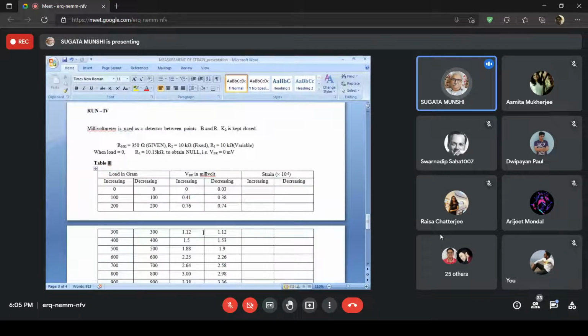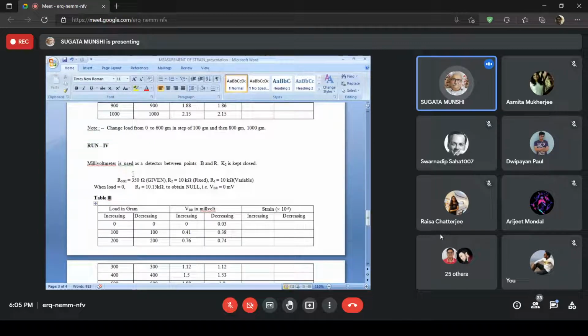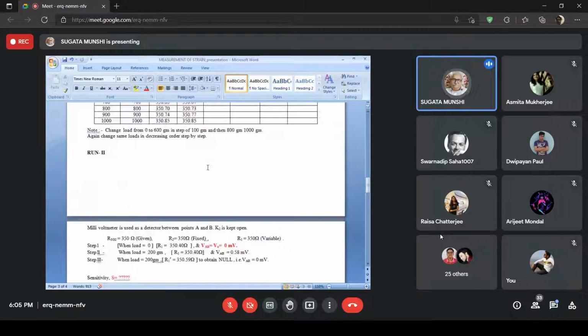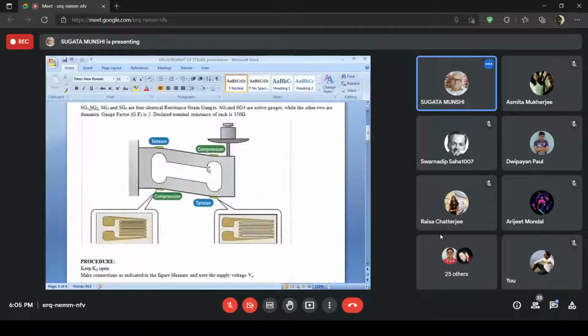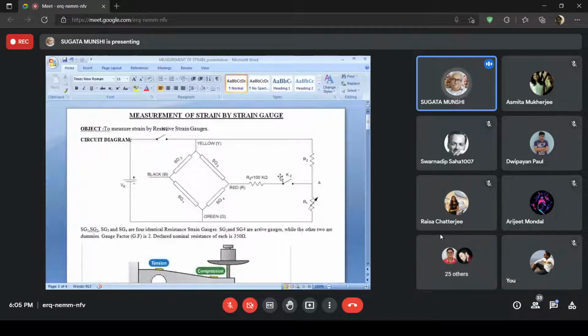Next, move on to run 4. The millivoltmeter is used as a detector between points B and R. K2 is kept closed. This is closed and you connect the millivoltmeter between R and B. Now you have a bridge whose one arm is an active gauge under tension, and another is an active gauge under compression.